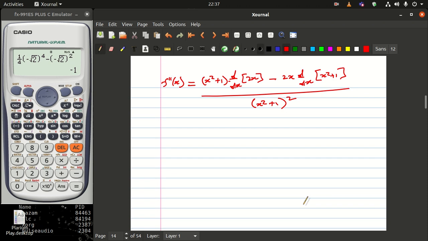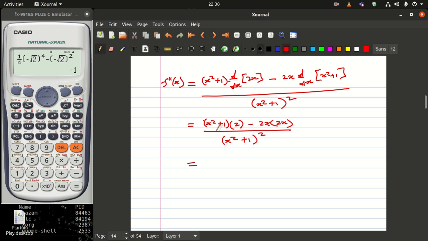And if you look into this one here, you will find out that you're having x squared plus 1 times, what is the derivative of 2x? It's just going to be 2, minus 2x times the derivative of this, which we know is still going to be 2x. And then you divide this whole thing by x squared plus 1, all squared.